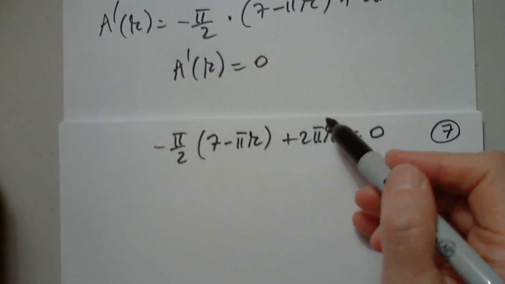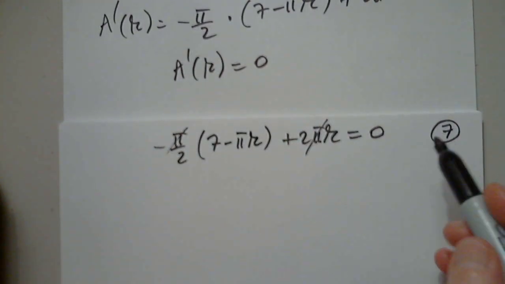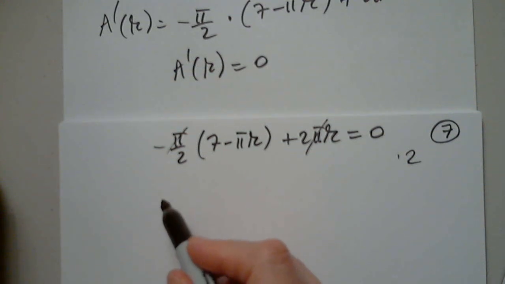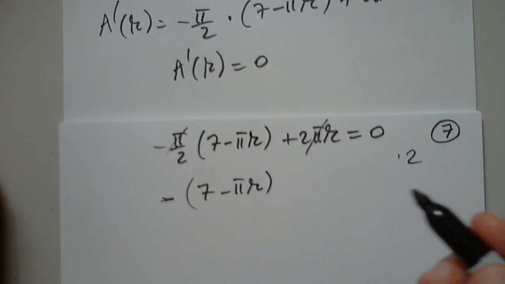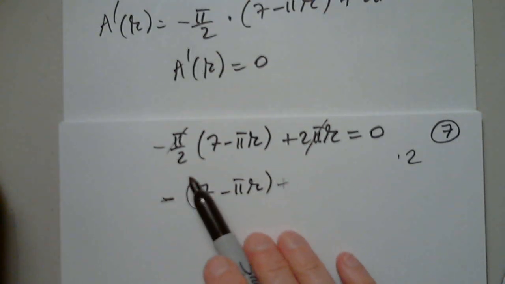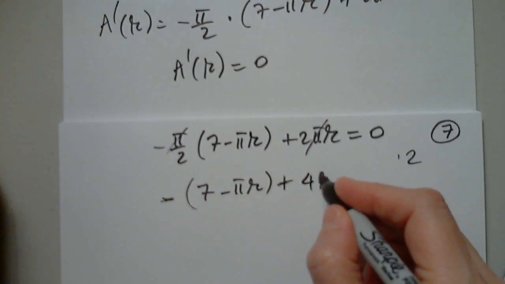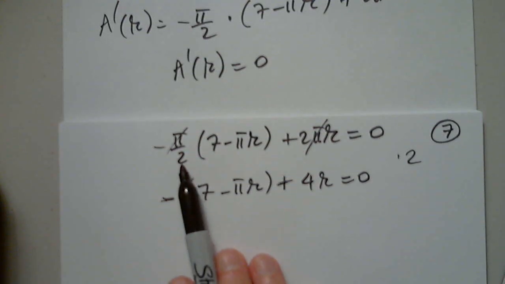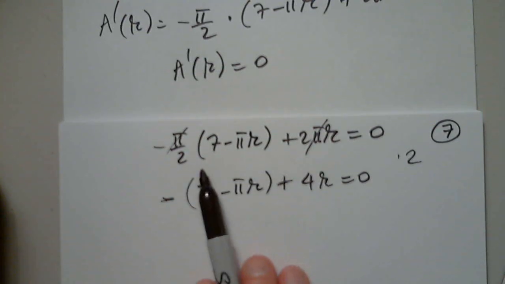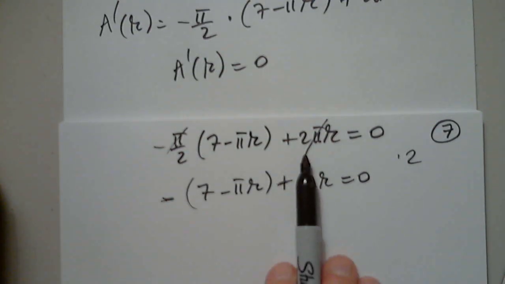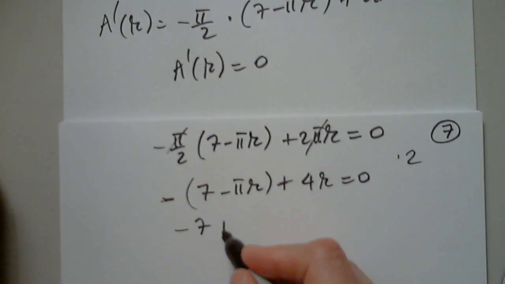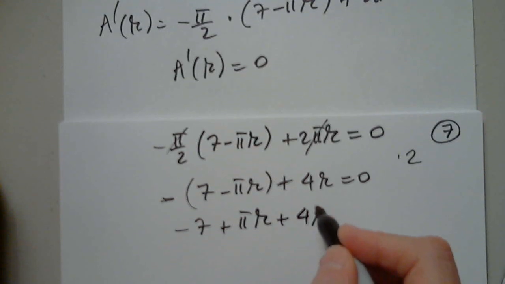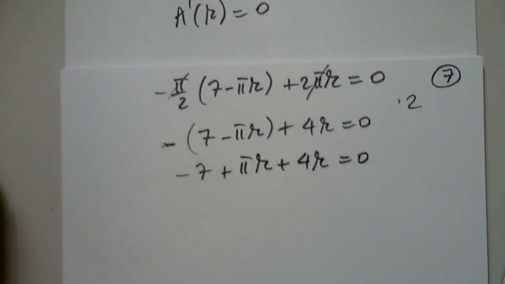I will divide both sides by pi, and I will multiply by 2. Negative 7 plus pi r plus 4r equals 0.